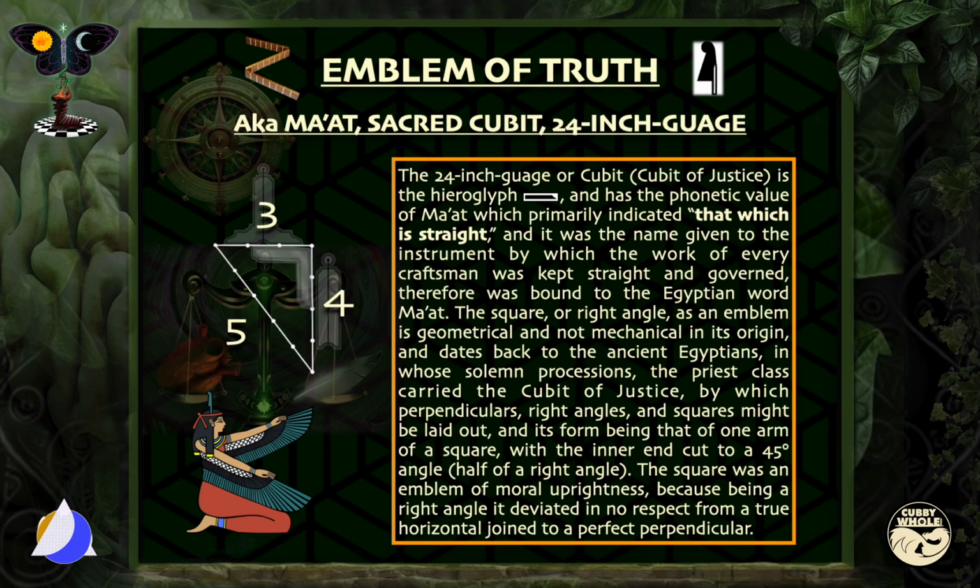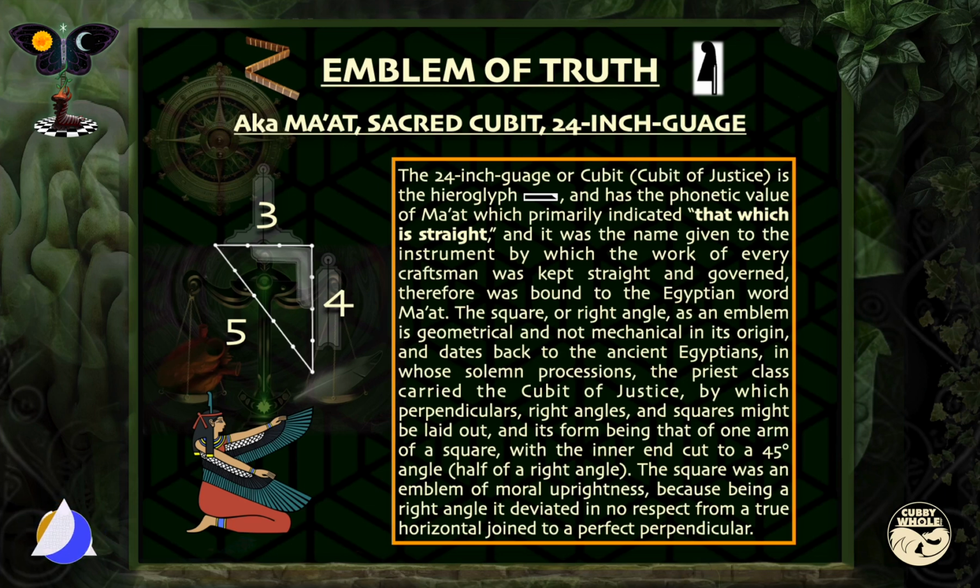It's all geometry too. Now, the 24-inch gauge, or cubit of justice, is the hieroglyph that we see here with the straight line with the 45-degree cut at the end. And this has the phonetic value of Ma'at, which primarily indicates that which is straight. Okay, that's what Ma'at means.